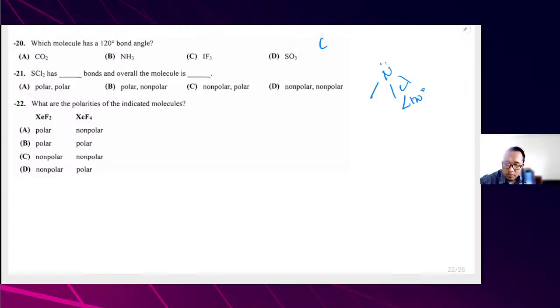CO2. CO2 is O, right? And then so it has 3, right? It has 4. It looks like linear. Okay, it looks like, no, this is kind of like pent, I think.